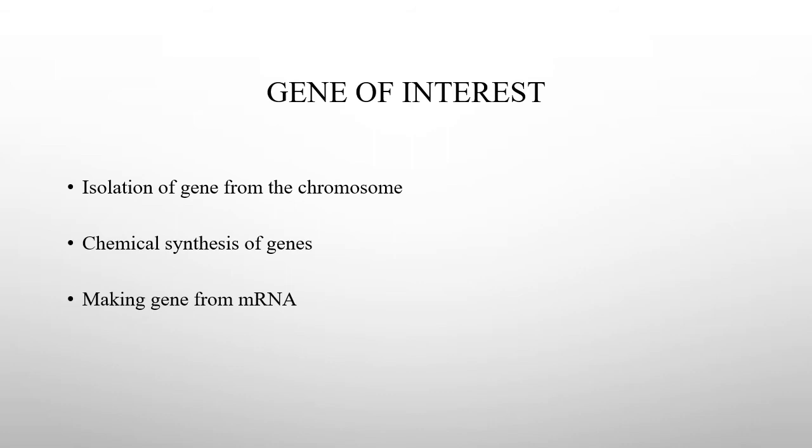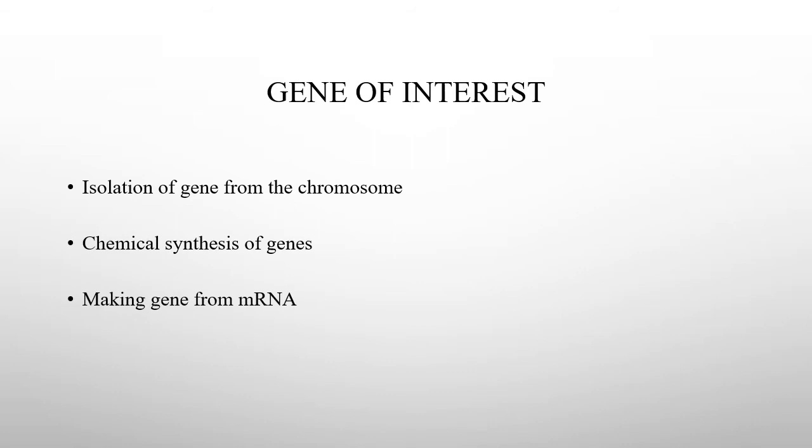It is a very common method of getting the gene. In this case, the gene is synthesized in the laboratory from messenger RNA by the reverse transcriptase enzyme, an enzyme which can make DNA from RNA. So when we use this enzyme, it can make DNA, and from DNA we can make protein, or we can make the gene.